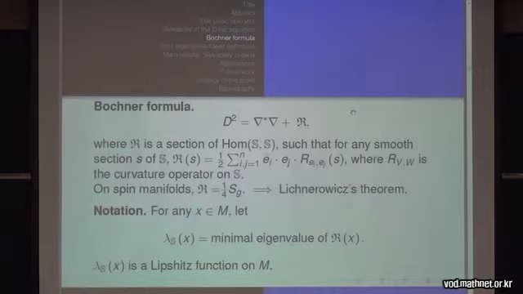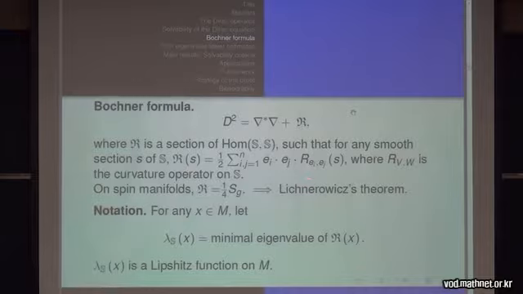We want to fix some notation. In the Bochner formula, I want to introduce the notion of R. R is given by the curvature tensor and the Clifford action.